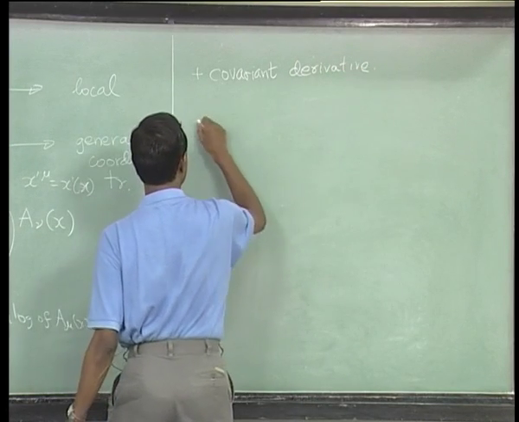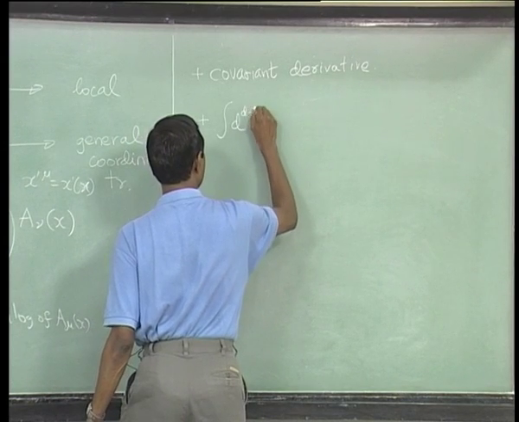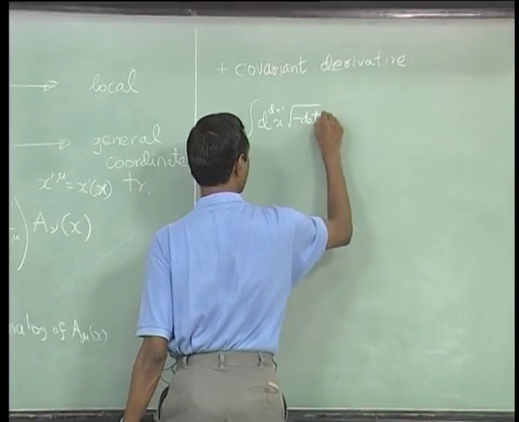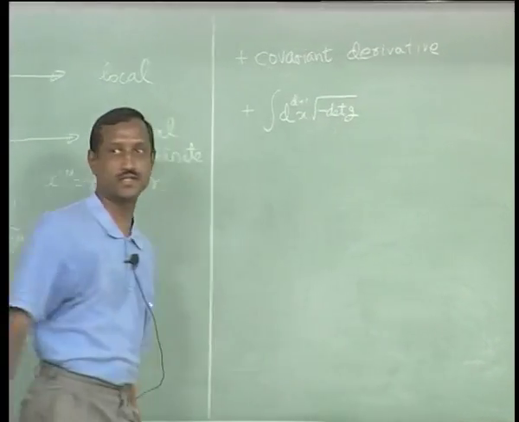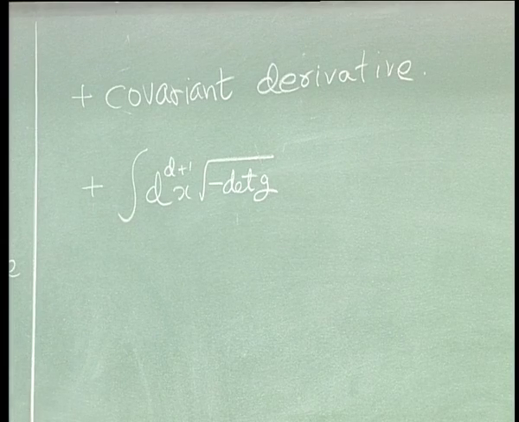And the measure will look something like this, square root of minus det g. Okay, so this is a nice measure.